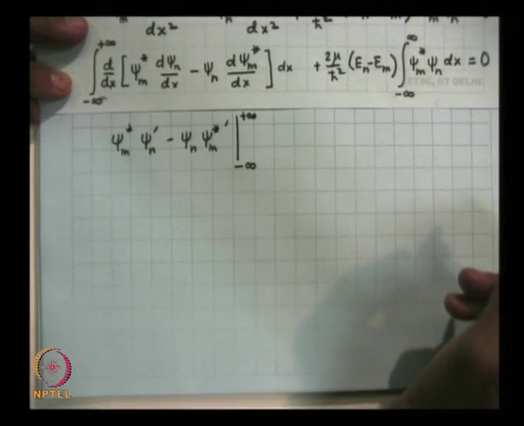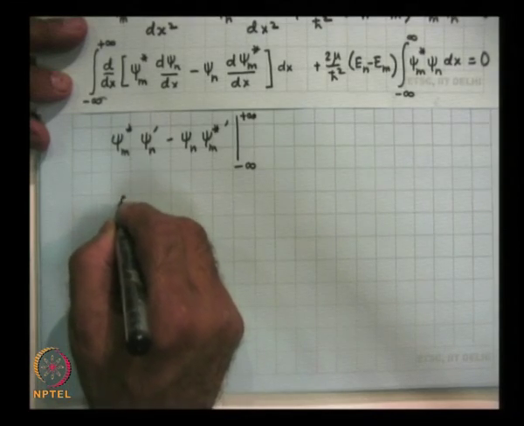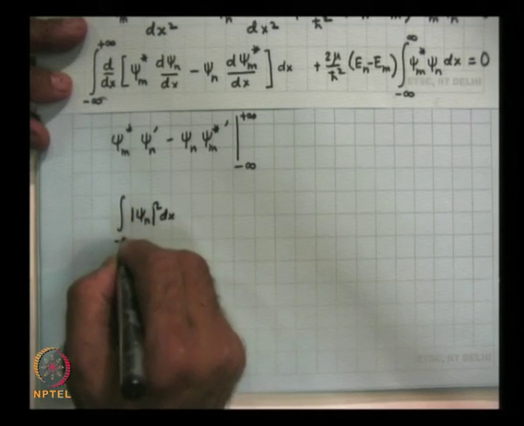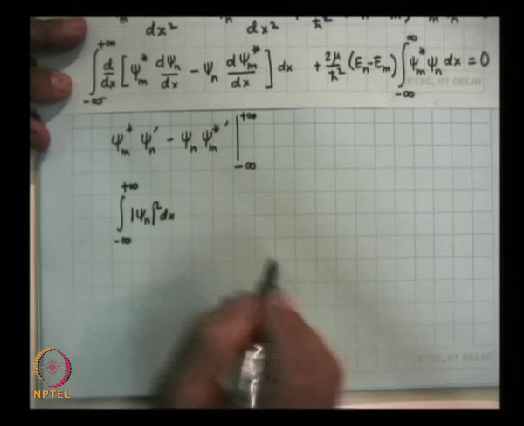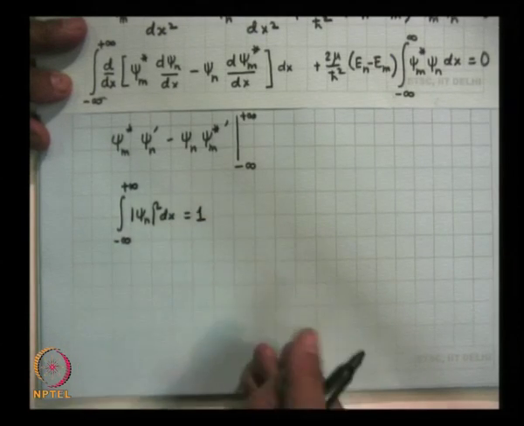Now, this is 0 because the wave function vanishes at infinity. For them to be square integrable and normalizable, they must vanish at infinity. By square integrable I mean any function psi n of x for which the integral of mod psi n square dx from minus infinity to plus infinity must be finite, and I will choose a multiplicative constant so that this is equal to 1.